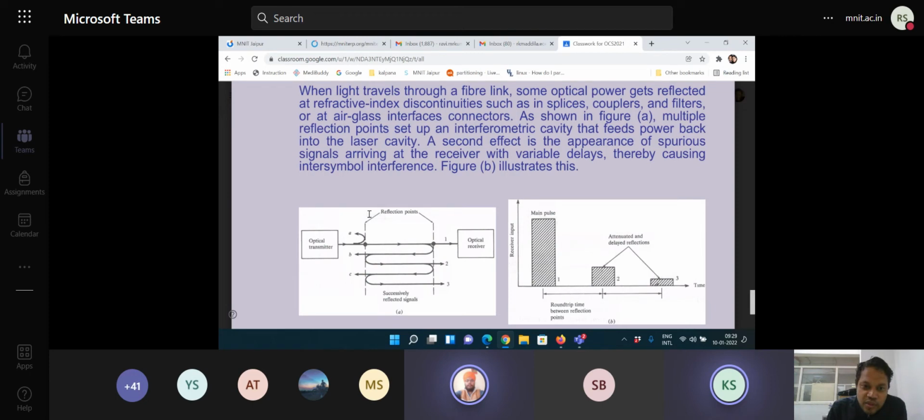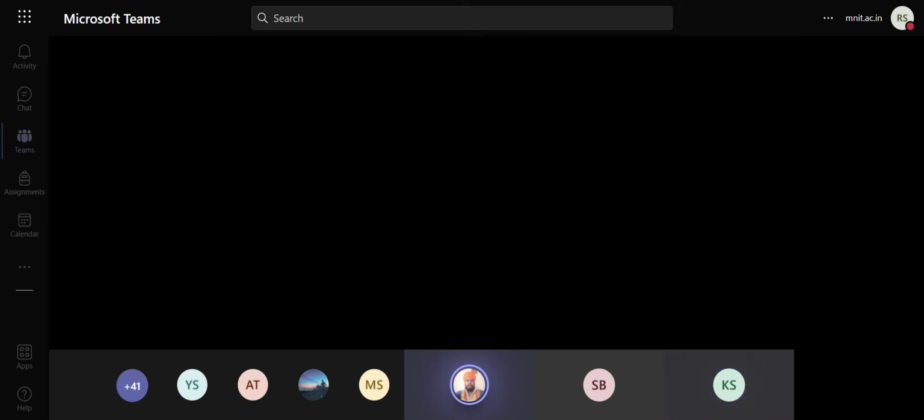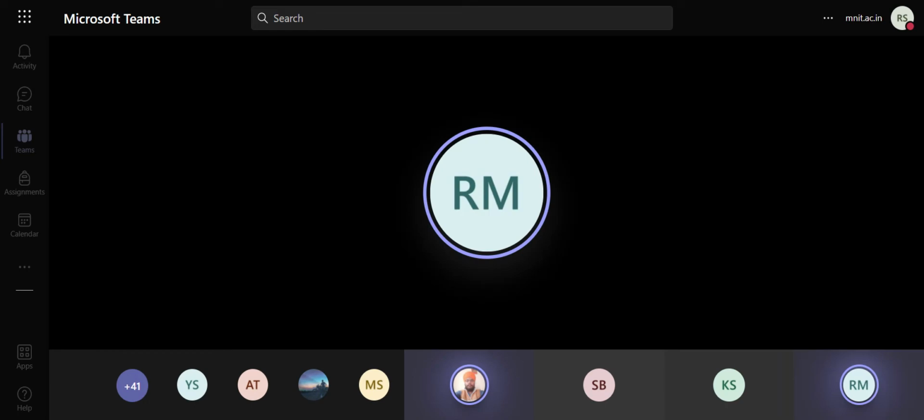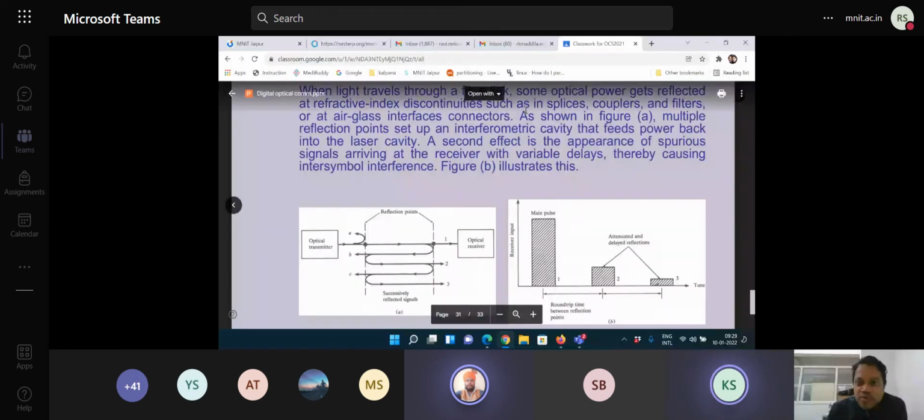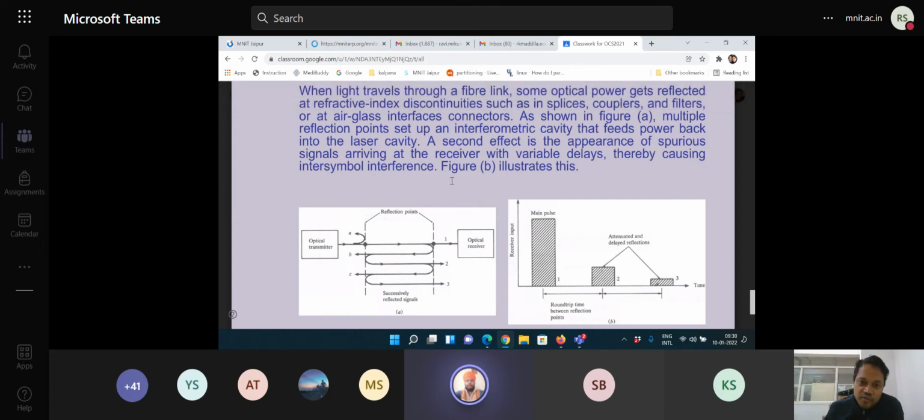So these two points, reflection points, these reflections can be because of splices or couplers and filters or at any air to glass interface, connectors. So these refractive index discontinuities give rise to Fresnel reflection.